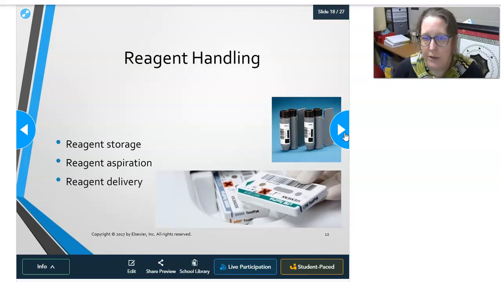A lot of the automated chemistry analyzers have a system for reagent handling. Reagent storage is important. This is before it's loaded on the analyzer, and then of course once it's on the analyzer, it has to be stored at the right temperature, so it needs to be refrigerated. Maybe there's a reagent wheel there that's all the refrigerated stuff.